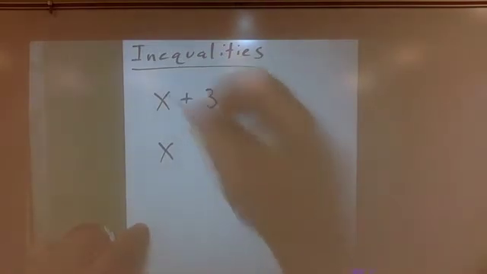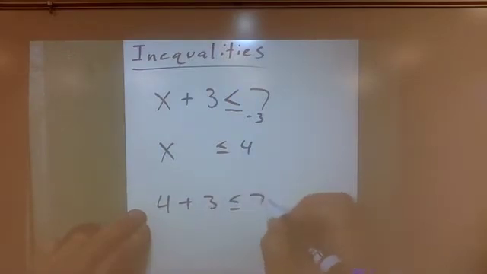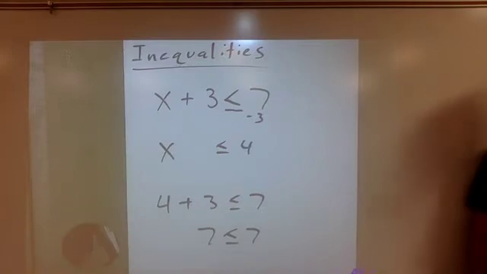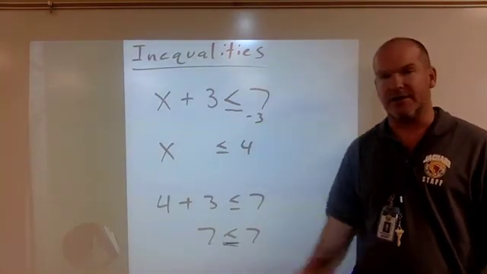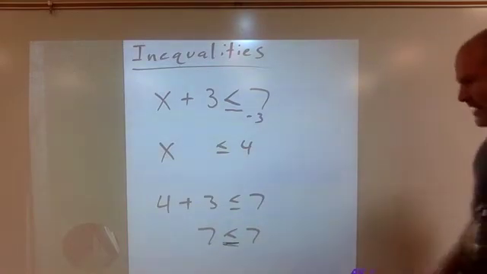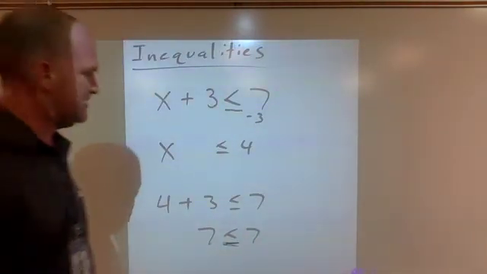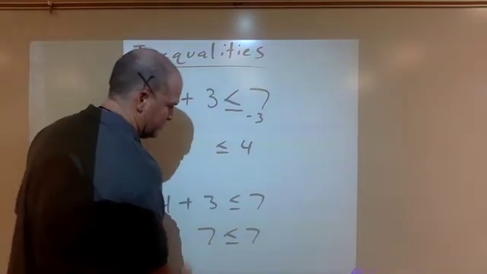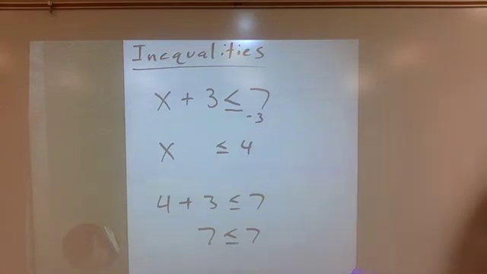So if we substitute in a 4 for x, we get 4 plus 3 is less than or equal to 7, and we get 7 is less than or equal to 7. Now that works because it's less than or equal to. Because of that line right there, it works. So you got to pay attention to your symbol. If the symbol is just less than, you got to use a number smaller. If it's less than or equal to, then you can use 4.